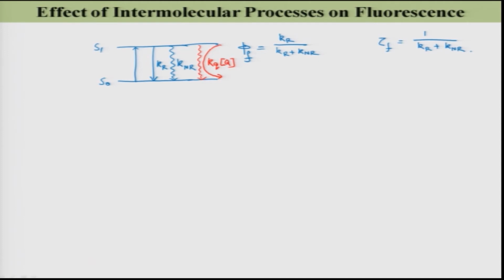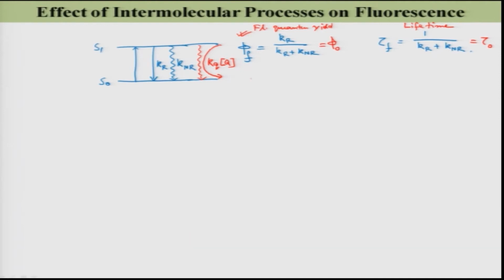These expressions for the fluorescence quantum yield and for the lifetime are in the absence of the quencher molecule, so I would rather replace them with phi 0 and tau 0. Now, in the presence of the quencher, this other pathway is present, k_q into Q. So what will happen?